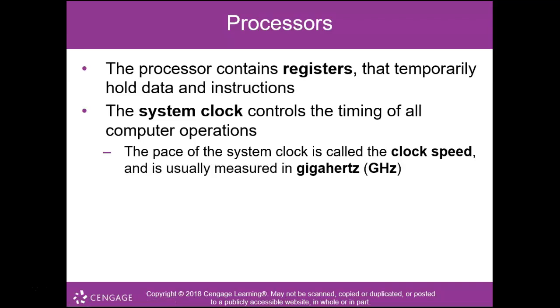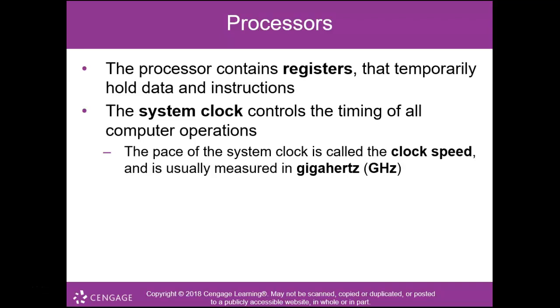Now here's how it works. The pace of the clock, called the clock speed, is measured by the number of ticks per second. Your home computer's clock speed is usually in the gigahertz range. So if you have a 3 gigahertz clock speed, that means you're doing 3 billion, or giga, clock cycles every second.